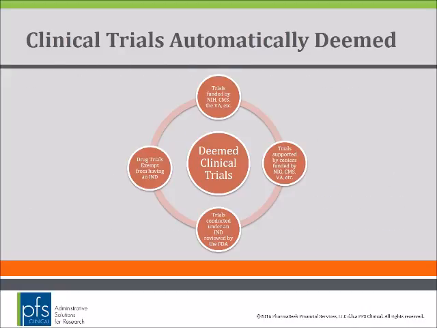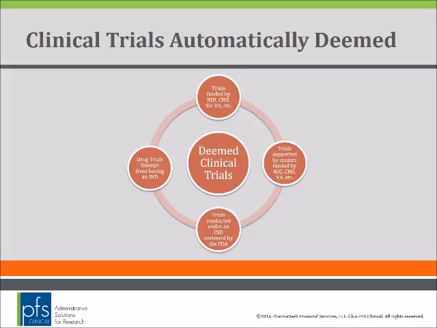There are multiple ways that your clinical trial can be deemed automatically, meaning by having a study go through one of these routes, the trial is presumed to meet the characteristics mentioned earlier and is automatically qualified to receive Medicare coverage.